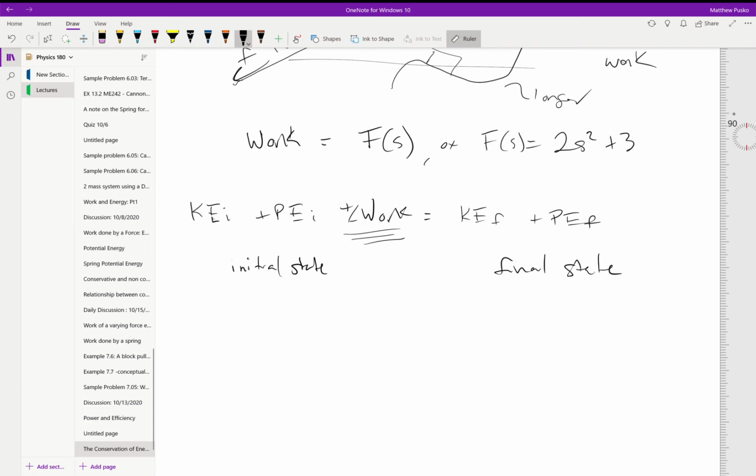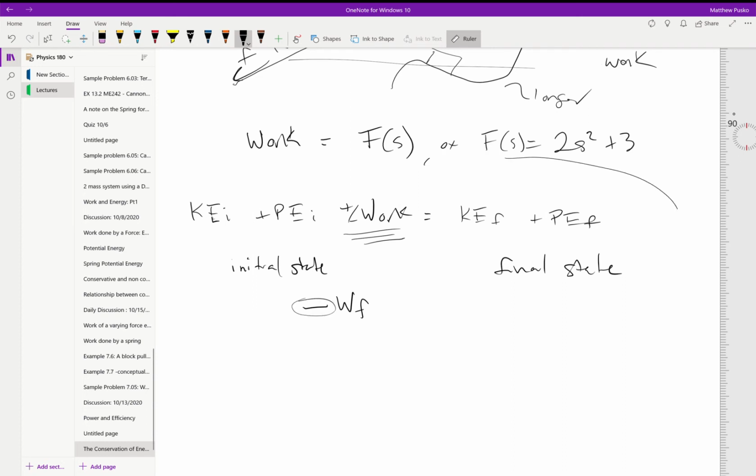And this is our final state. If, let's say, we had friction, that would be minus the work done by friction on the left-hand side. We removed energy from the system. It is subtracted.